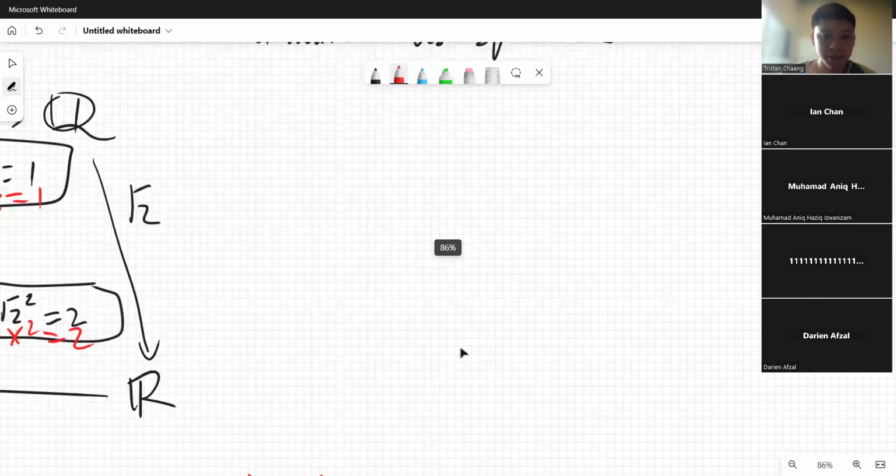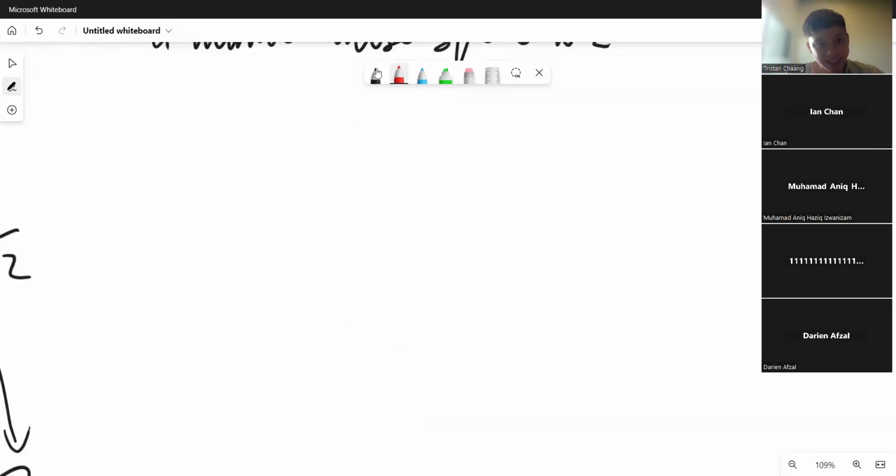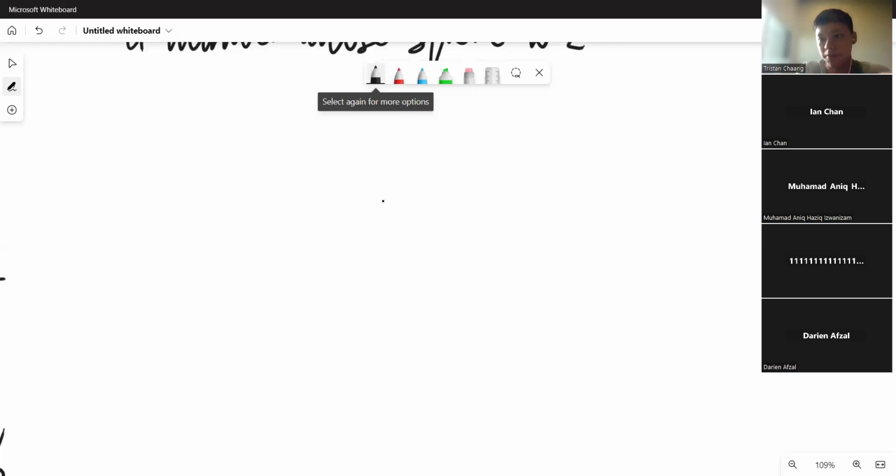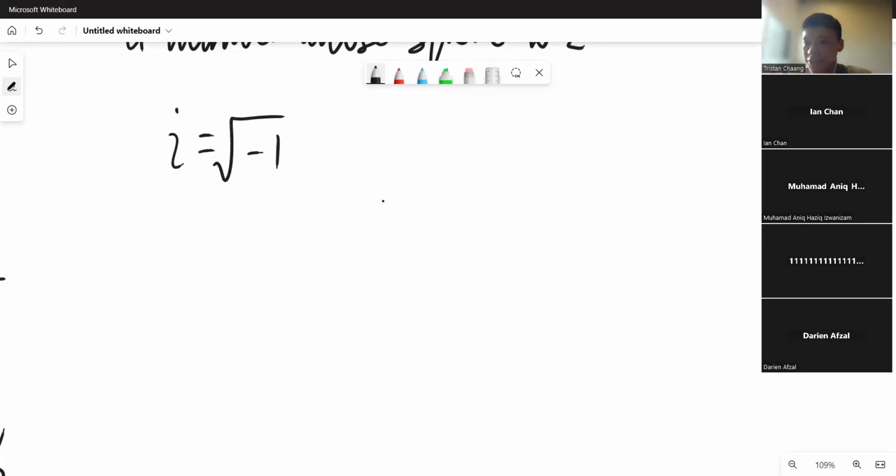Okay, so some people might write this thing, i equals the square root of -1. Well, I don't really like to start with this definition. In fact, I think it is quite confusing to put i equals square root of -1, because quite a few problems arise from this.